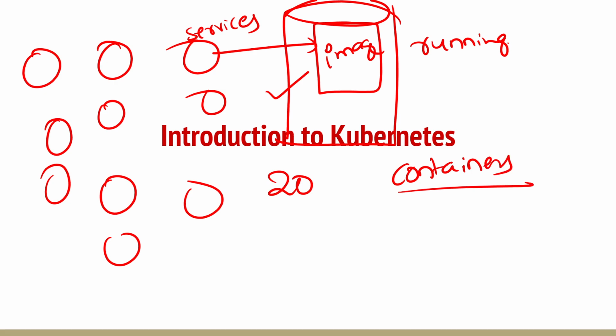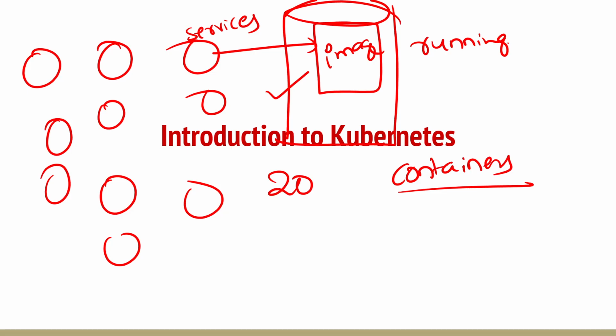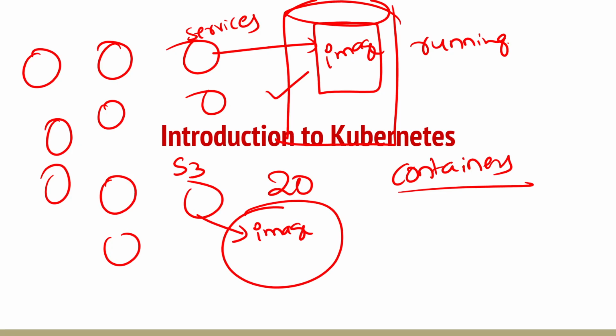So in my application, if there are 20 services, I may have 20 containers. All containers are monitored and they should always be in running mode. There should not be any downtime. For example, if a container goes down, another container needs to start. Let's say for one service S3, I have created one image and kept it in a container, let's say container number 7.